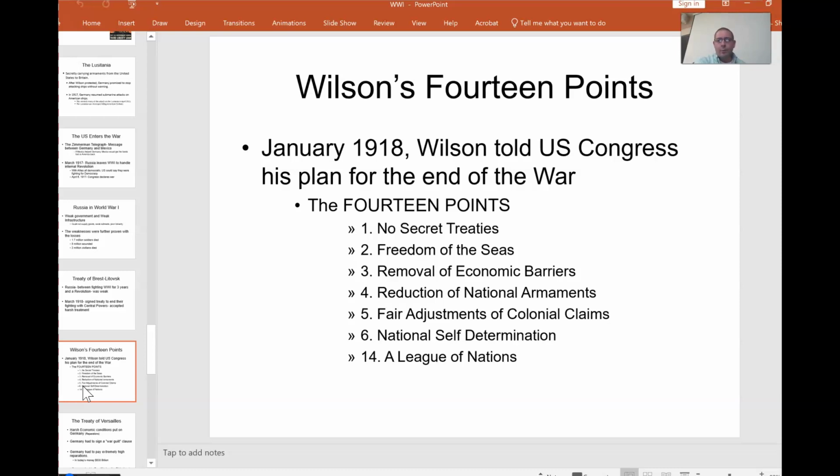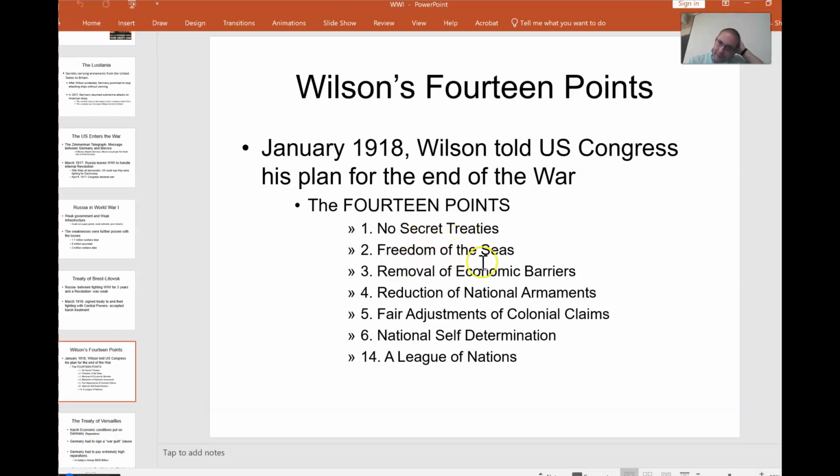Now, the 14 points are really sort of a pipe dream in a lot of ways, but the goal here is to try and bring about what Wilson would call peace without victory, right? Bring about a settlement to the fight, a settlement to the hostilities, but not having a winner, and more importantly, not having a loser.